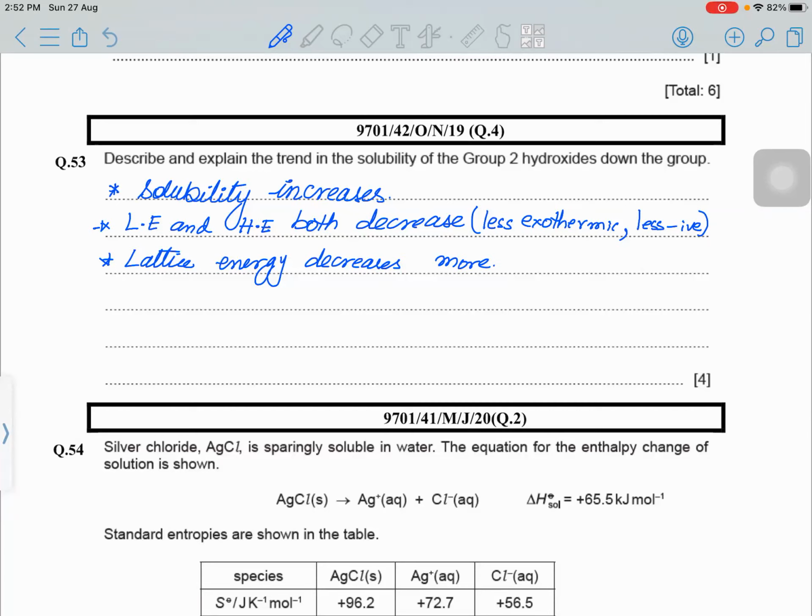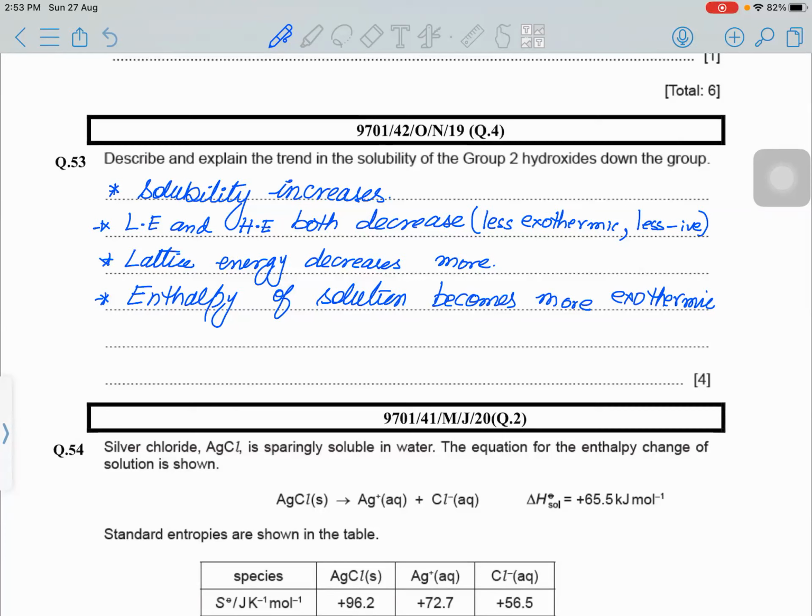It means enthalpy of solution becomes more exothermic. This is for group 2 hydroxide.